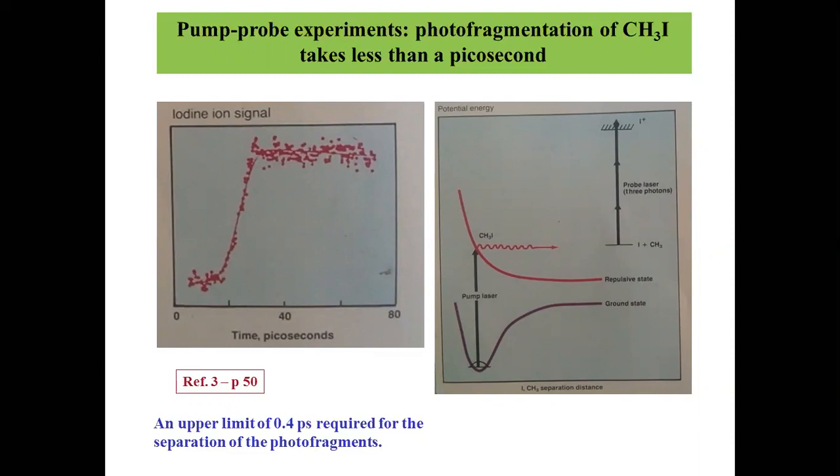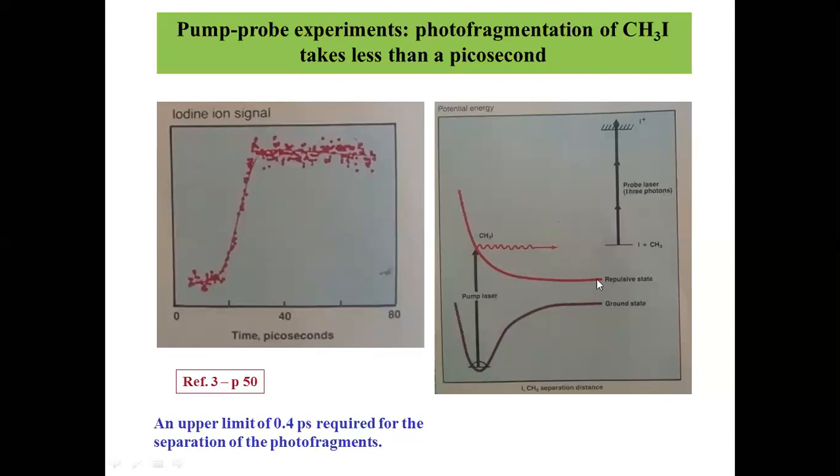Okay, so the idea is that we apply the pump, then with a time delay, here in picoseconds, we apply the probe pulse. The probe pulse is set in such a way that iodine gets ionized with a 3-photon ionization, right?